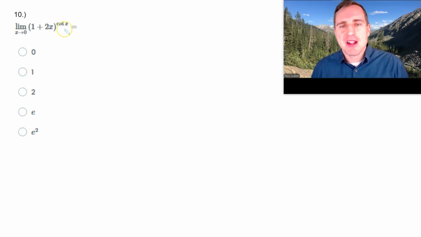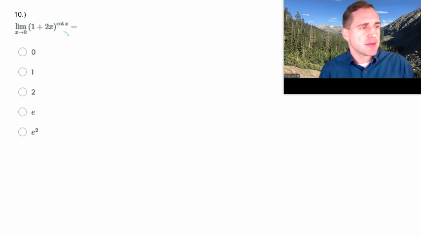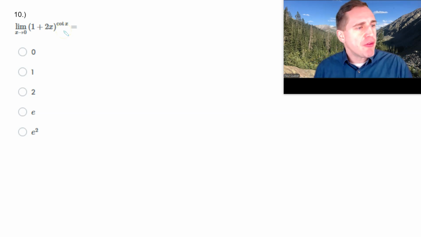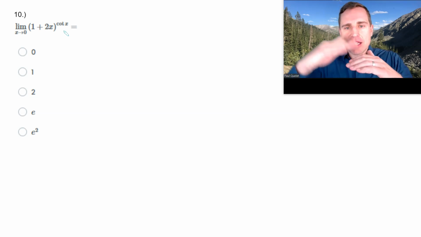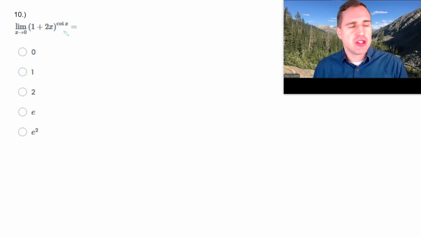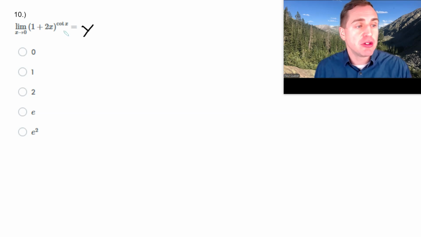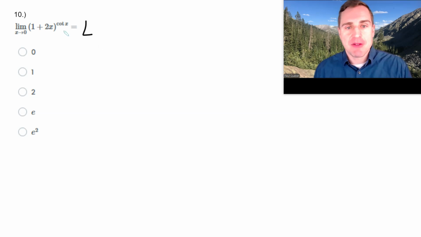So we're not 100% sure what this should be. Intuitively, it sounds like it maybe should be 1. But whenever we've got infinities in the problem, we need to deal with this. Whenever we have x raised to a power of x, that's basically like a stack of functions in terms of exponents. So what we should do is set this equal to y, or maybe call it L, which would be some limit value.